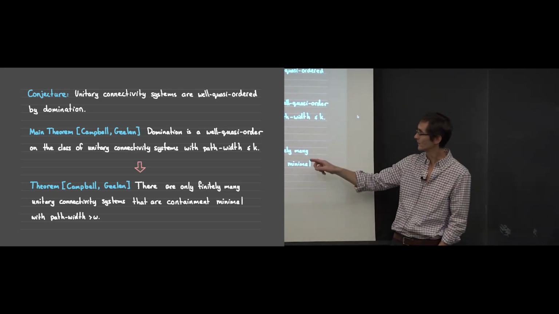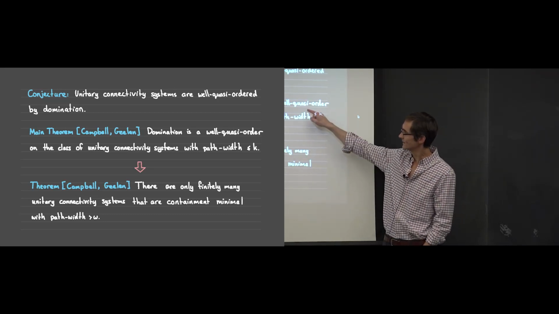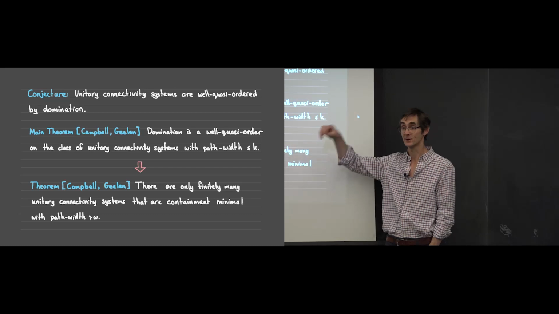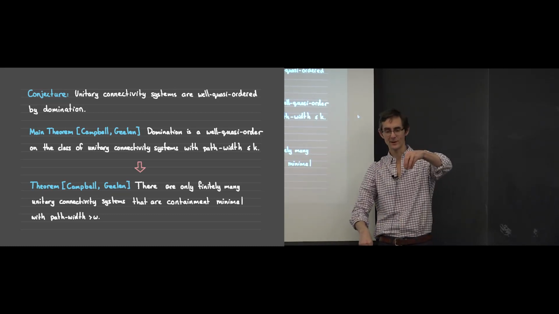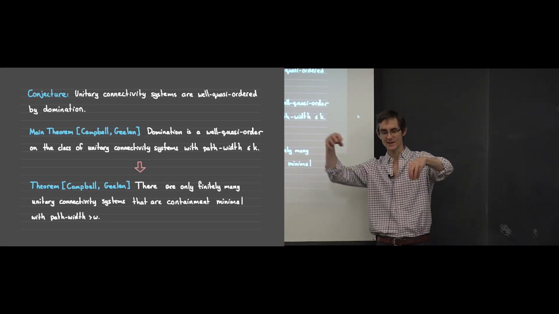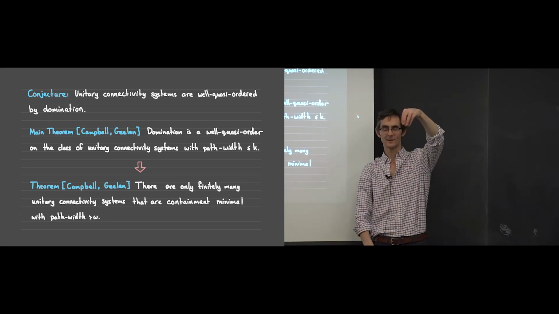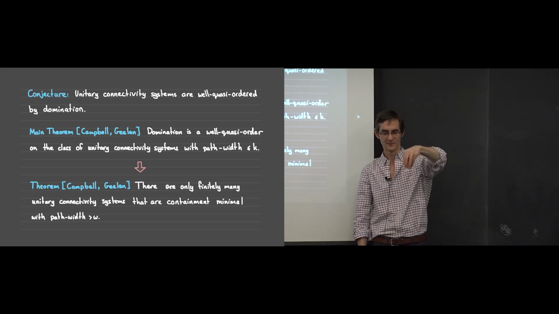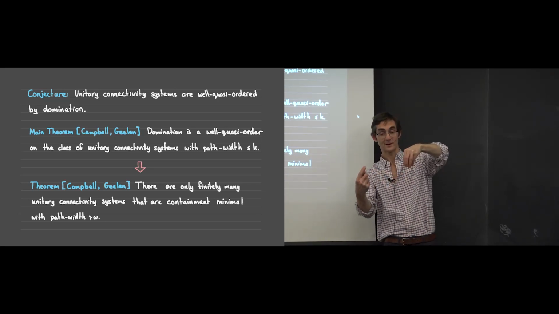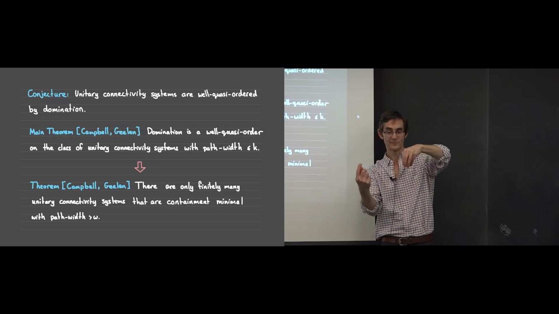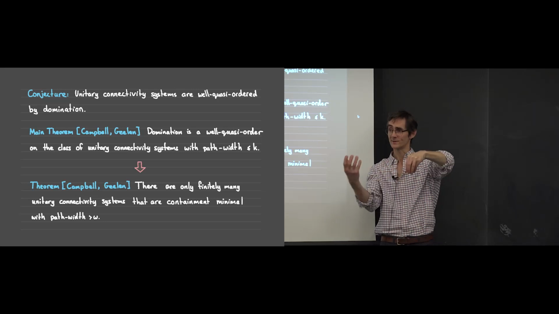And this seems a bit weird though, right? What this really tells you is that you get finitely many obstructions under this domination property. The only thing we introduced to go between containment and domination is this notion of bigness. For any given connectivity system, there's a constant number of other connectivity systems on the same ground set, and I'm only interested in the ones that are bigger than it.